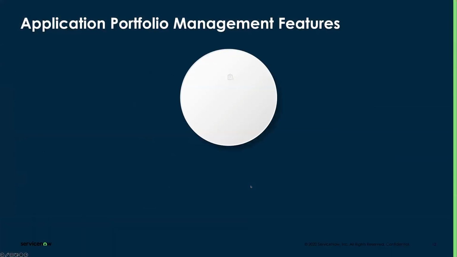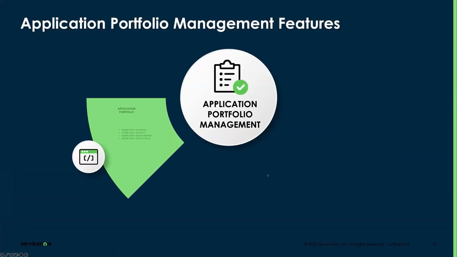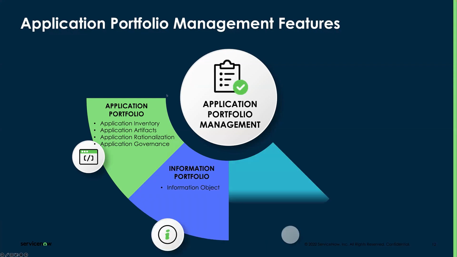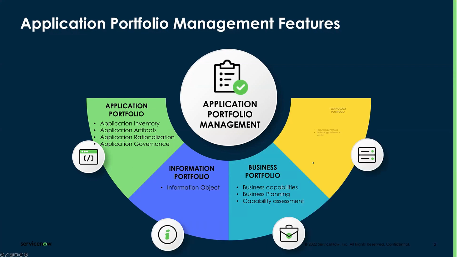So at the core of it, we have application portfolio management. It's got another view of this: we have the application portfolio and the ability to rationalize it, with tools to help govern those application records. So that's the application portfolio part.